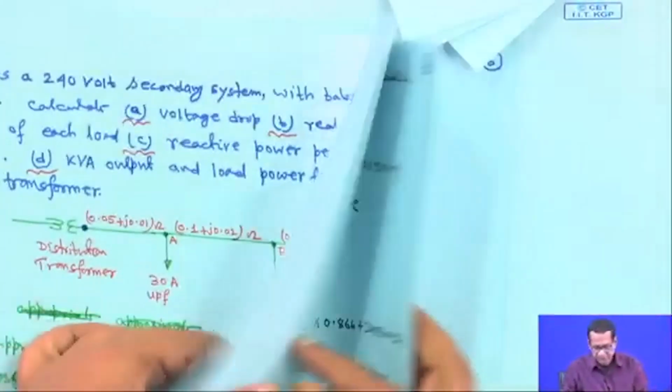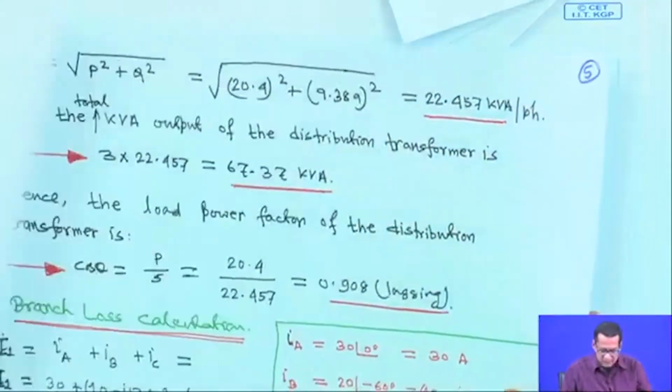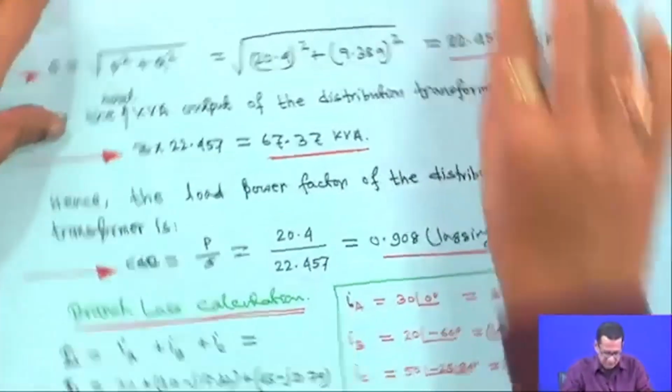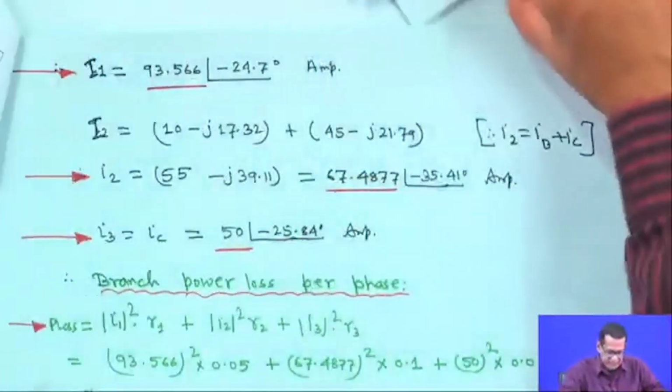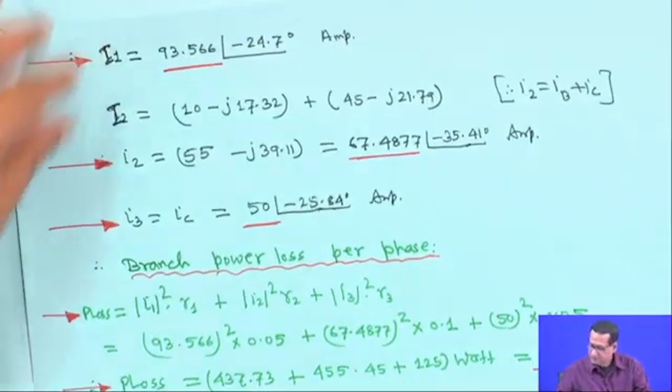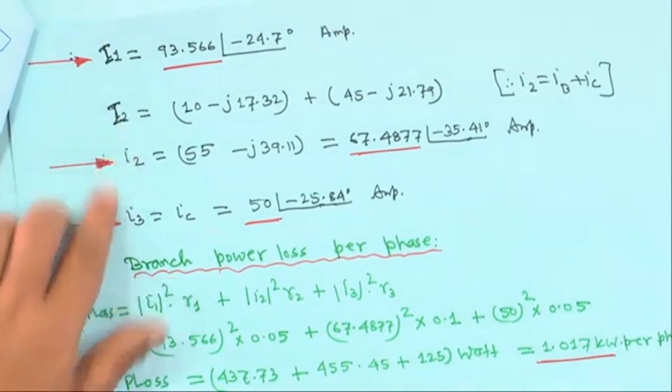So, whenever we are computing this, I1, I2 all have been shown, and next is I2.